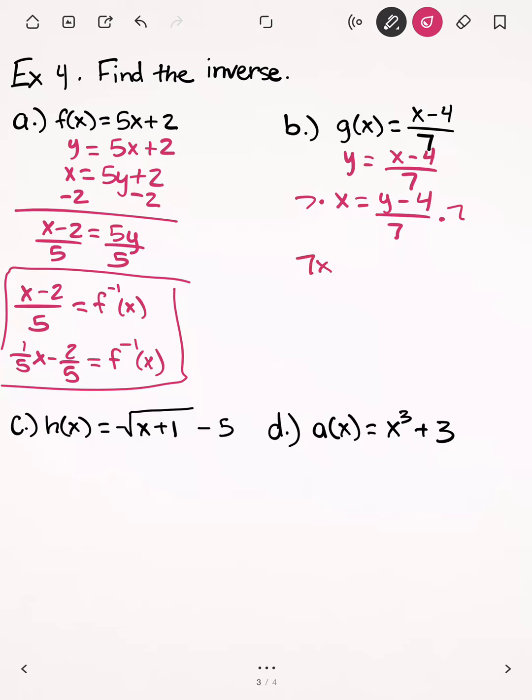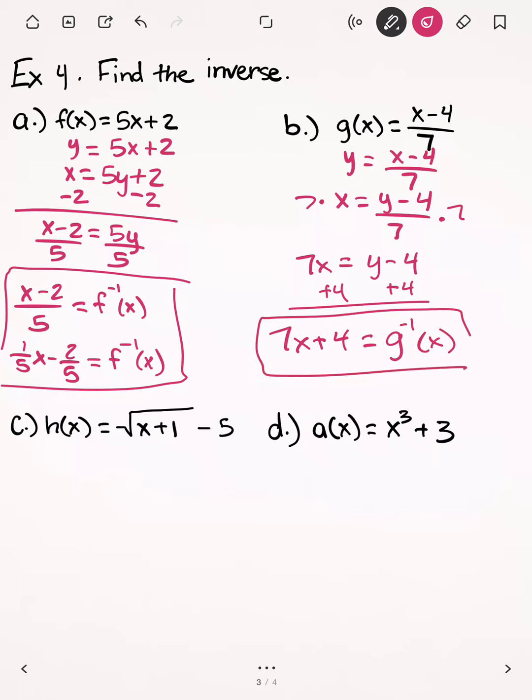I get 7x equals y - 4. To get the 4 to the other side, I add 4 to both sides. So I get 7x + 4. And then I switch it back to function notation to show that I have the inverse. So there's the inverse of g of x.